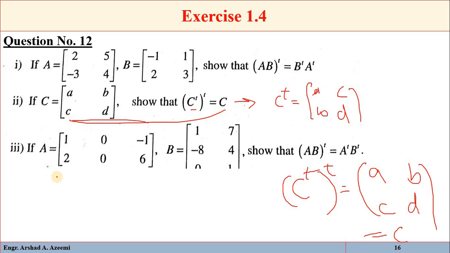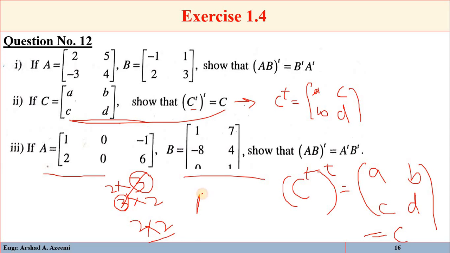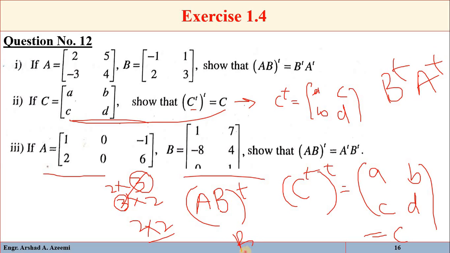Here again we have matrix A and matrix B. Look into it, A matrix is 2 by 3 and B matrix is 3 by 2. The number of columns of A is equal to the number of rows of B, so the multiplication is possible and the resultant will be 2 by 2. So first you have to find A multiplied by B, then take its transpose, then take the transpose of B and the transpose of A and multiply B transpose with A transpose.